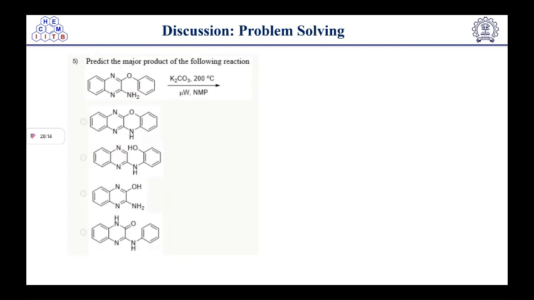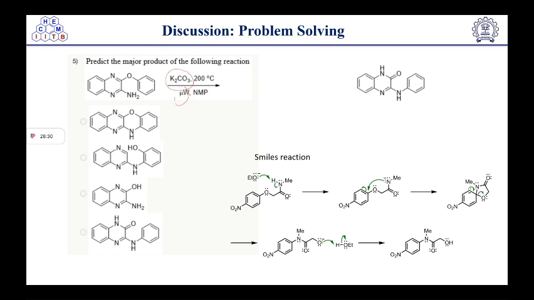Solve yourself. The next question is: predict the major product of the following reaction. Here we have K2CO3, that is potassium carbonate, and microwave at 200 degrees Celsius. This is an example of the Smiles reaction.